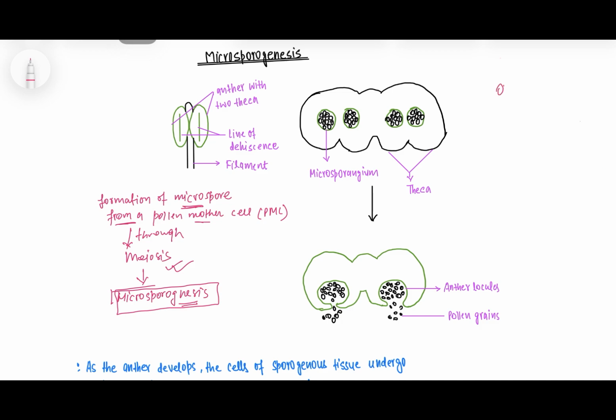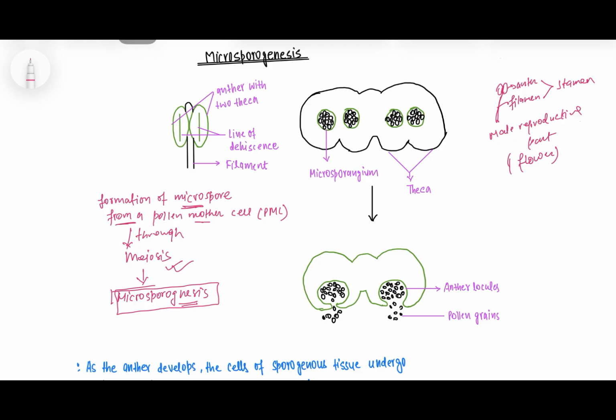I already explained to you that anther and filament, this is anther, this is filament, both form the stamen. It represents the male reproductive part of the flower.